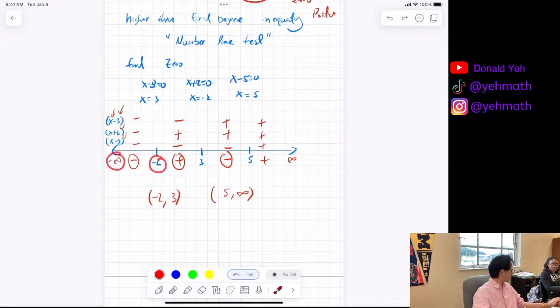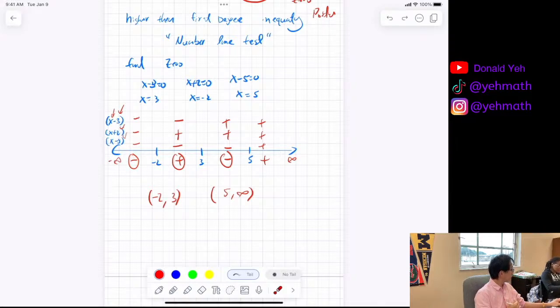What would be a number you're thinking? -3. So imagine -3 in this factor. -3 minus 3 is going to be negative. -3 plus 2 gives me negative. And -3 minus 5 is still negative. So they're all negatives, and three negative signs together give you a negative at the end.